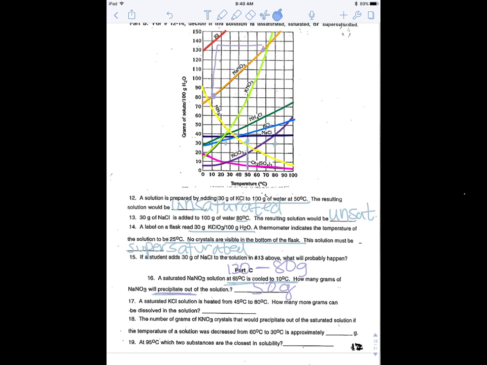So, similarly, the rest of these are very much the same. And on this page, again, numbers 1, 2, and 3 are just looking at one point on the graph. If it's asking us to make a saturated solution, where is that, everybody? On the line.